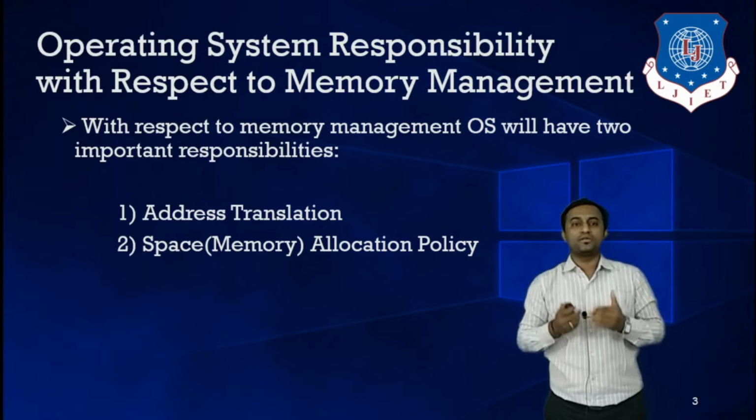Before going to discuss memory allocation policy, we need to discuss some introductory part of address translation, because address translation is one of the responsibilities of the operating system with respect to memory management. So let us discuss address translation first.